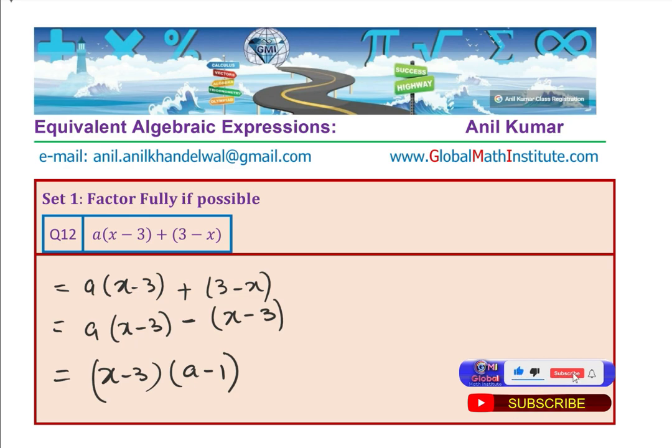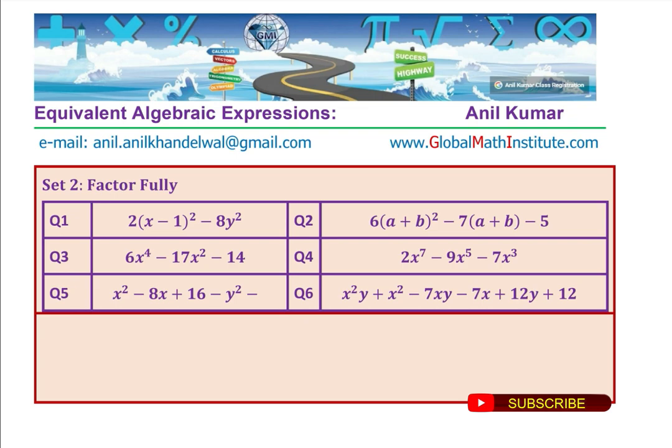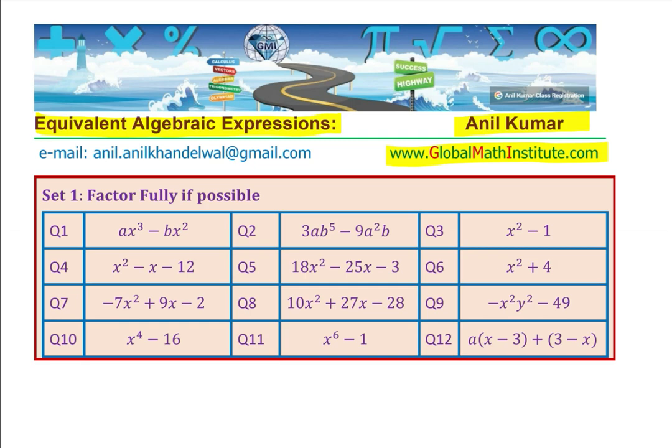So I hope now the concept is absolutely clear. So these are the factoring techniques which you have mastered. Then you can go ahead and do the set 2, which we'll discuss in another video. I hope you understand and appreciate what we have done in this particular case to factor set 1 of questions, where we learn many techniques. Common group factoring we started with, difference of squares and difference of cubes also we did.